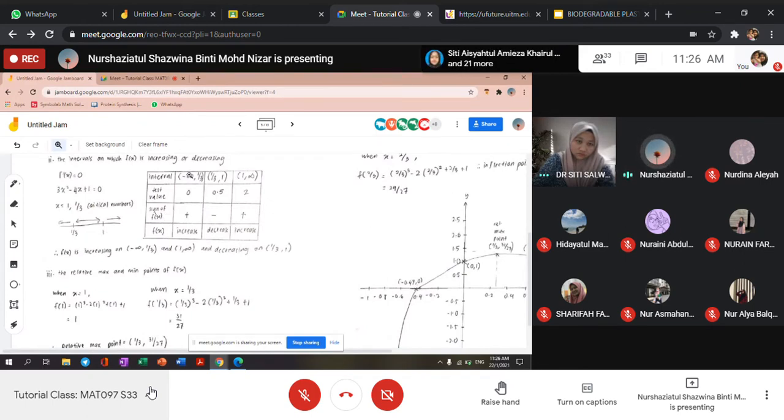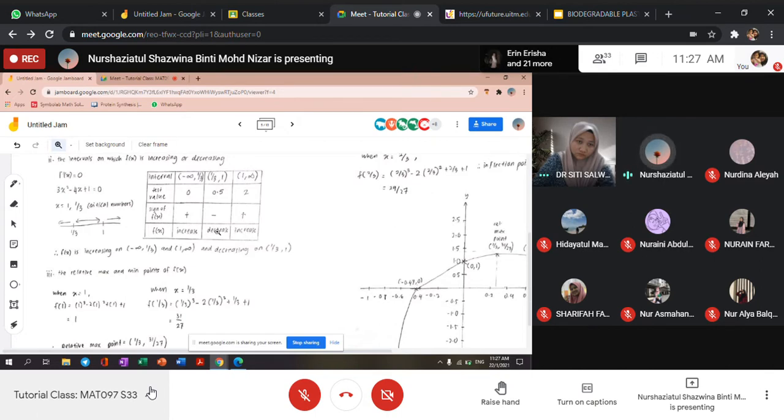So for the first interval, I choose 0 as the test value. For the second one, 0.5, and for the third one, I choose 2. And I substitute all of these values into the f prime x. We get for the first interval a positive value, which means the f(x) is increasing.